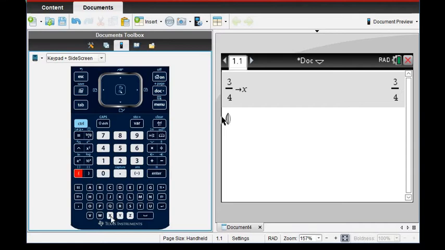Then I can plug in my equation exactly how it was. So the x minus 1 to the negative 1 power, or sorry, that was to the negative 2 power, plus x minus 1. Be very careful about putting in parentheses and make sure you get your signs and everything correct.